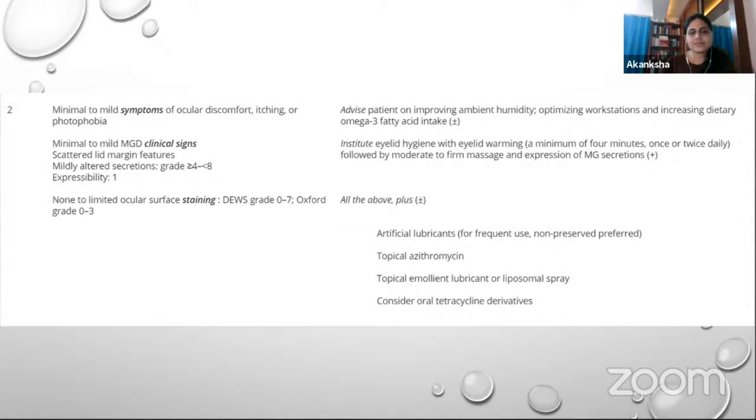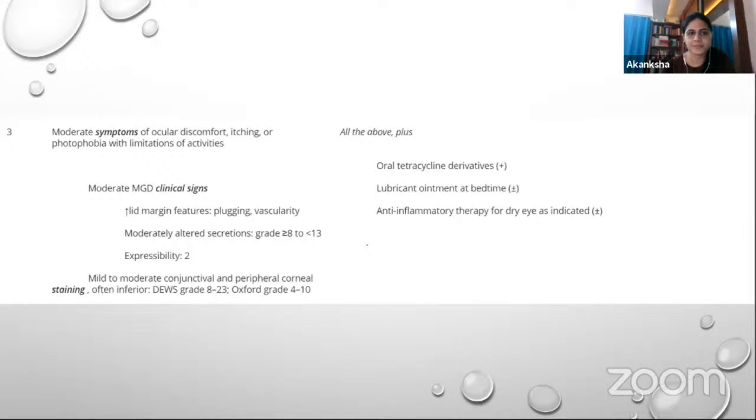But if the patient now has minimal to mild symptoms, has gone to stage 2, some clinical signs are visible, and you are seeing some ocular surface staining, then along with the eyelid massage and the eyelid warm compresses, you need to add some artificial lubricants, move on to topical macrolides, give topical lubricants, and you can consider oral tetracyclines as well.